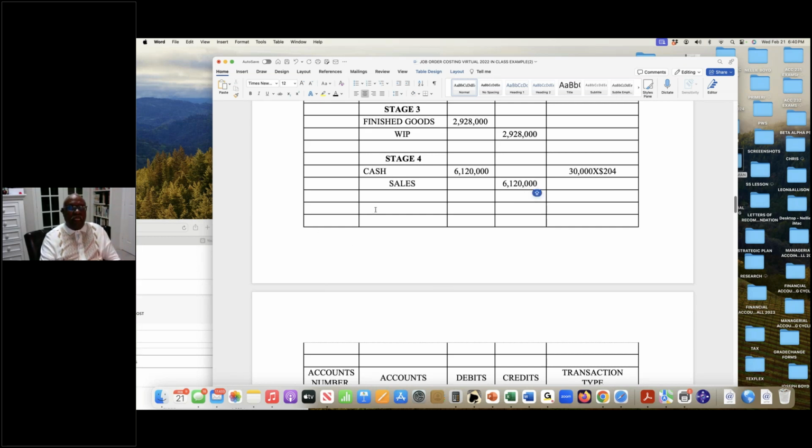We also need to record cost of goods sold. So we simply debit cost of goods sold, and we credit what? Finished goods. So if we sold 30,000, we need the cost for 30,000. What cost are we going to use?